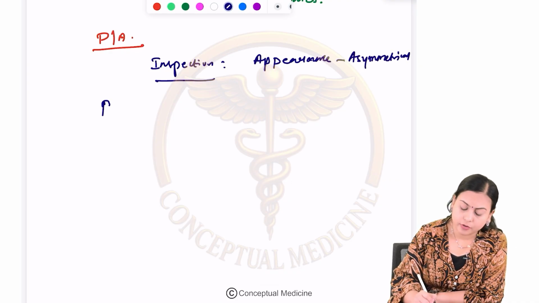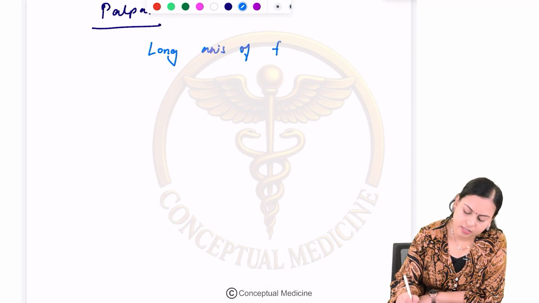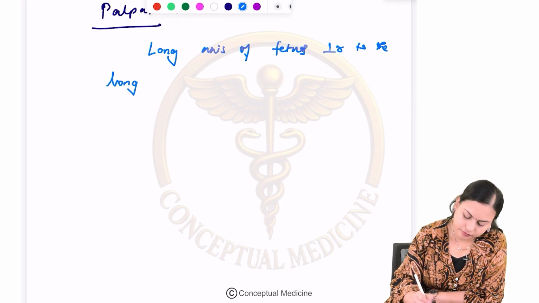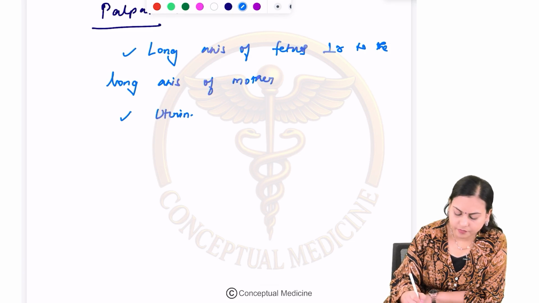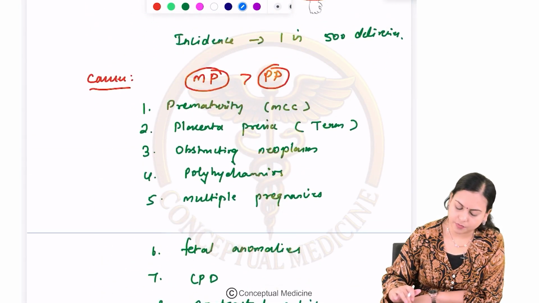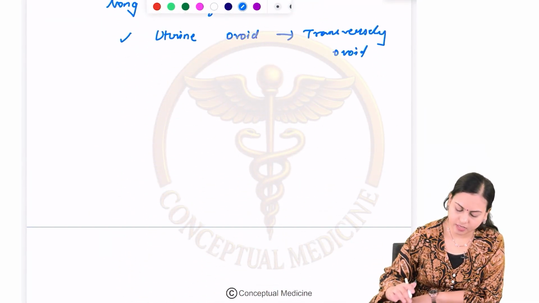Then, while doing palpation, you will be able to know that the long axis of fetus is perpendicular to the long axis of mother. So, the uterine ovoid is transversely oval here. That is what we have seen in this picture.